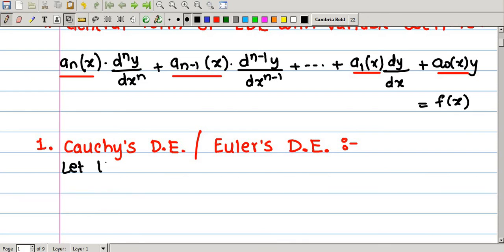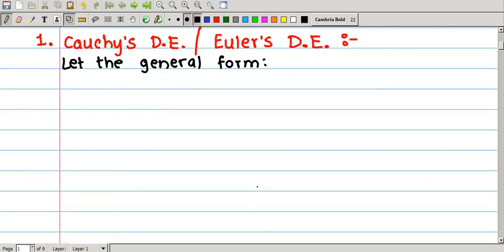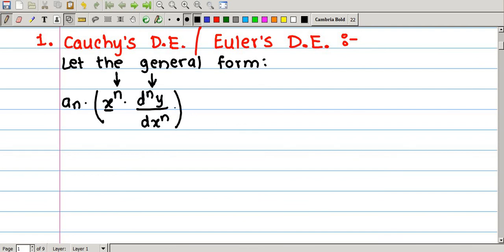So let the general form be: in Cauchy's differential equation, an is any constant, and x raised to n, where x is the variable, is the coefficient of the differential term. The coefficient of the nth order derivative of y with respect to x is x raised to n, meaning whatever the order of differentiation, the same numeric power will that variable coefficient possess.